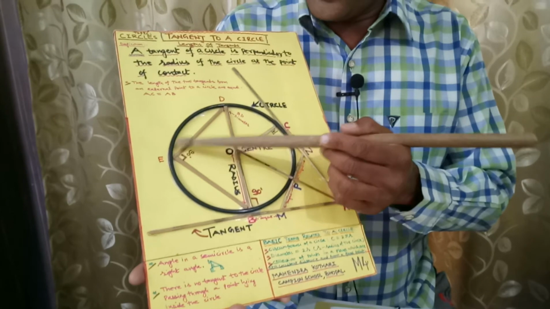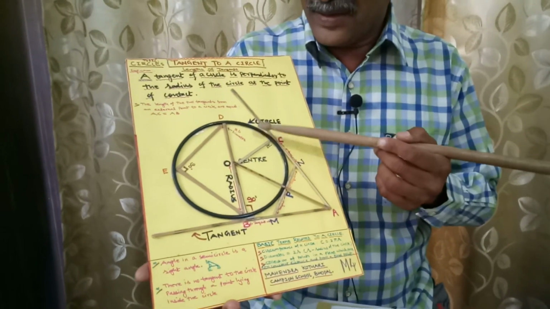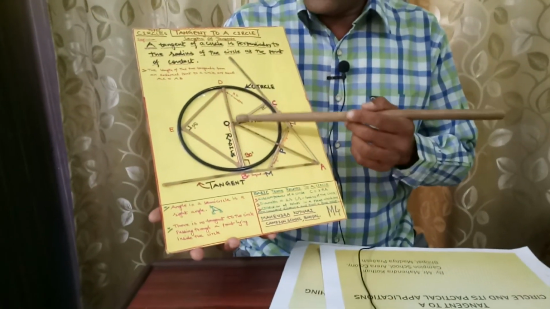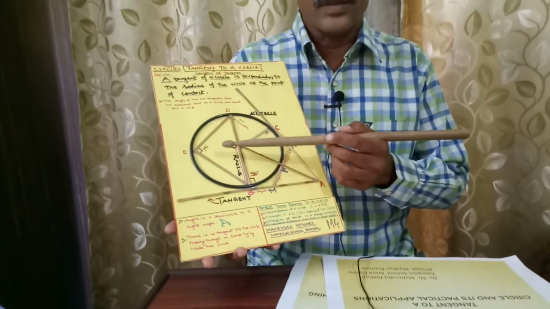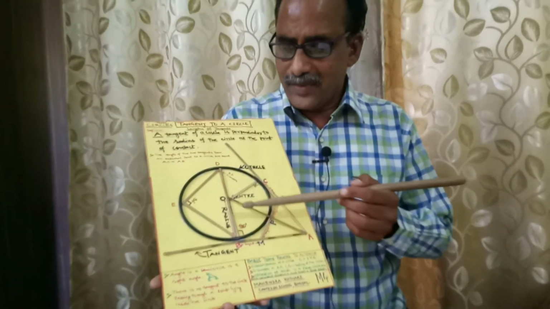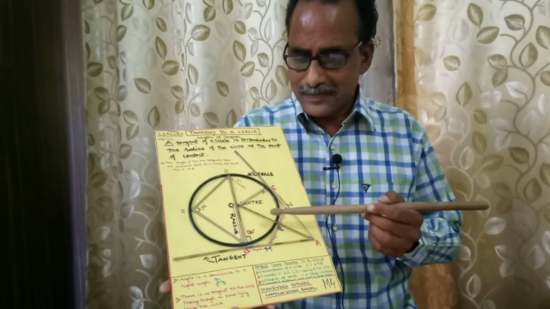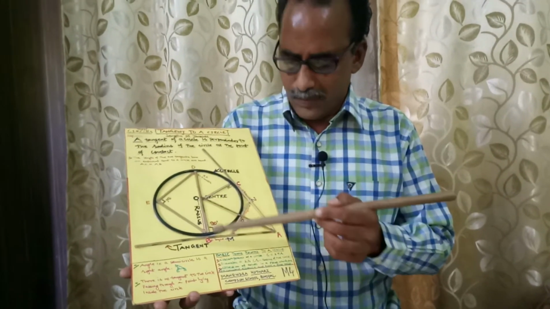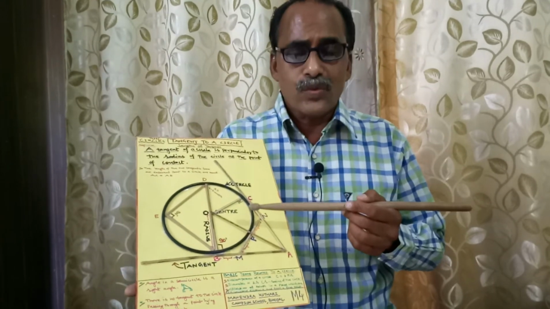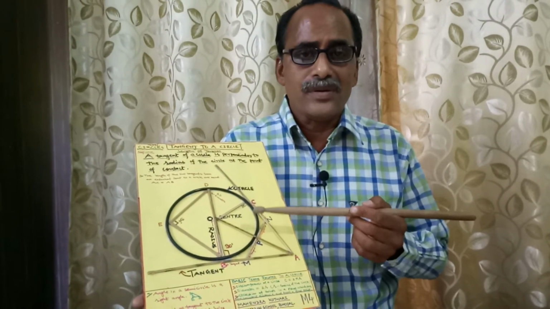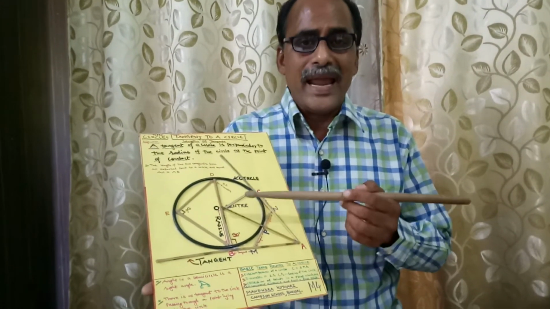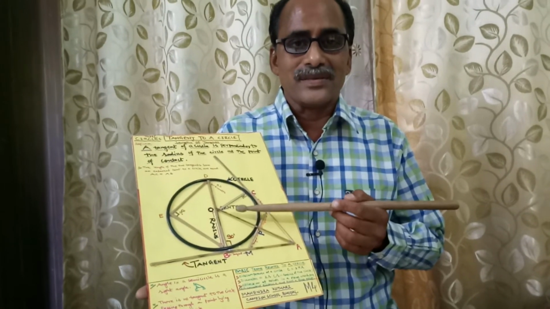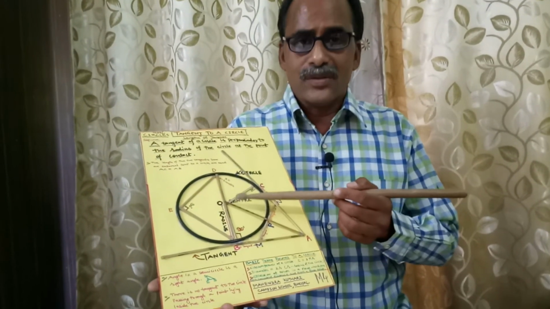Minor segment, major segment, sector, minor sector and major sector can also be explained. Then we can explain the semicircle and the quadrilateral, see the quadrilateral OBAC. So various terminology related to circle can be explained even in lower classes.